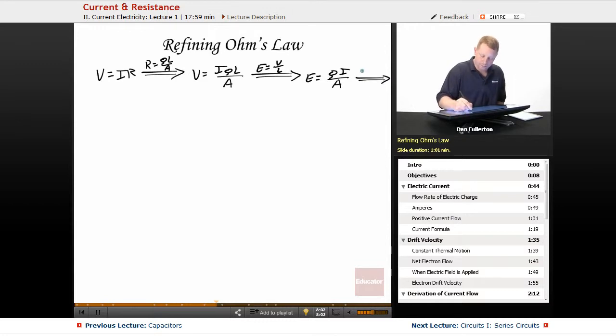So this implies then, because current density equals current flow divided by area, we could write then that our electric field is equal to our resistivity times our current density vector.